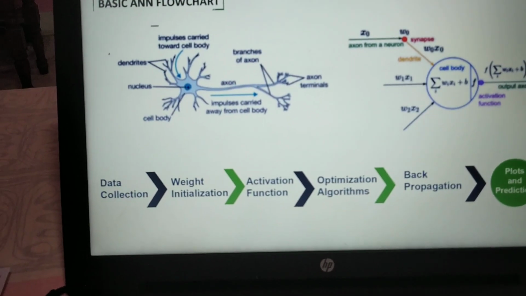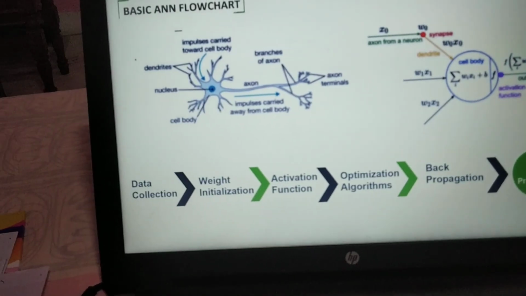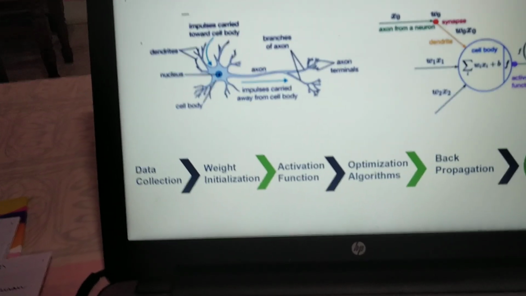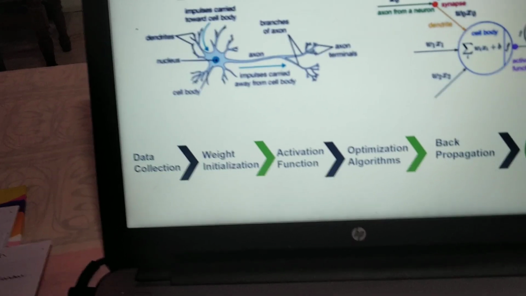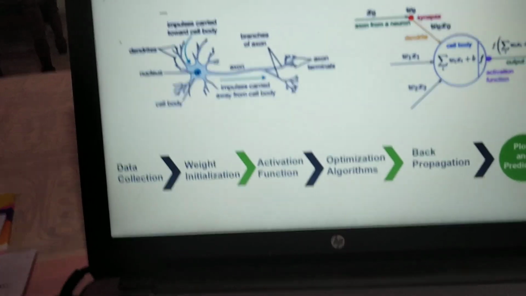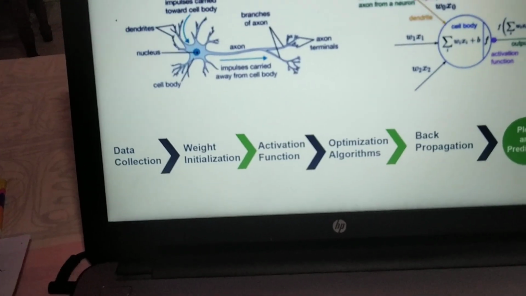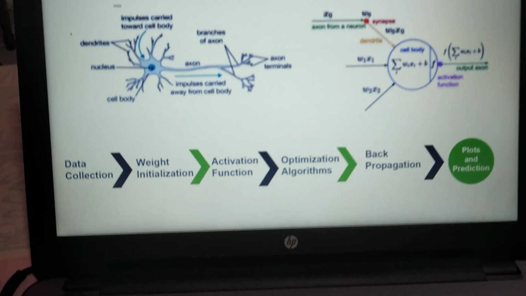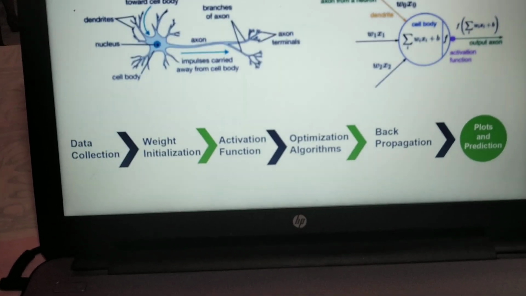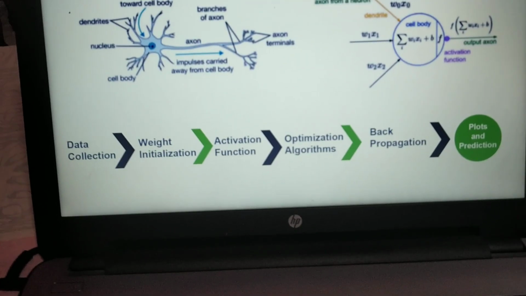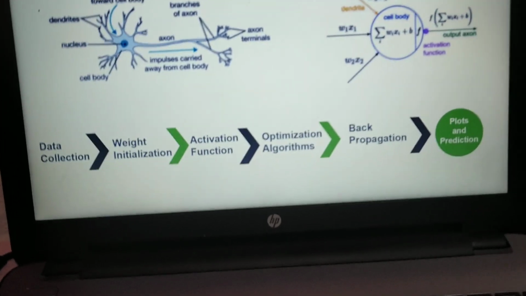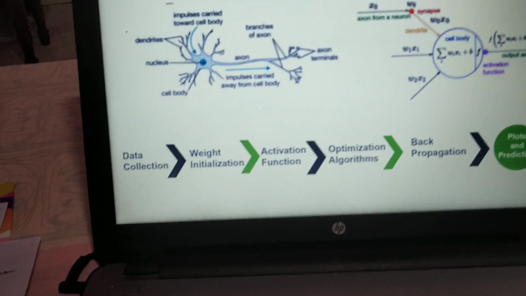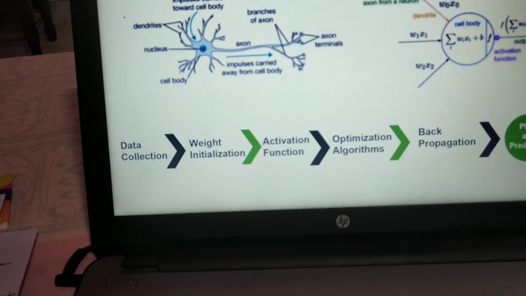Whenever we get a certain output, it is not always necessary that the neural network will guess the right value. For this purpose, we use the optimization algorithms in order to reduce the errors that are occurring between the actual output values and the predicted output values, where we calculate the root mean square error or the mean square error, and then we minimize these errors, which are generally termed as the cost function in terms of neural networks.